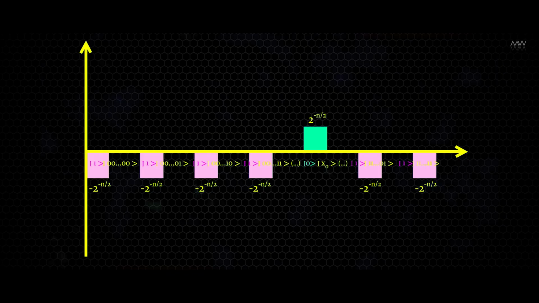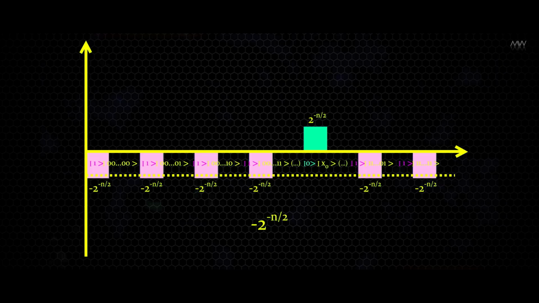At the second step of Grover's algorithm, we calculate the average value of all amplitudes in our superposition. How exactly we do this I will not explain here, so as not to plunge into the maze of linear algebra. I will only say that as a result we get a number almost equal to minus 2 to the power of minus n over 2.